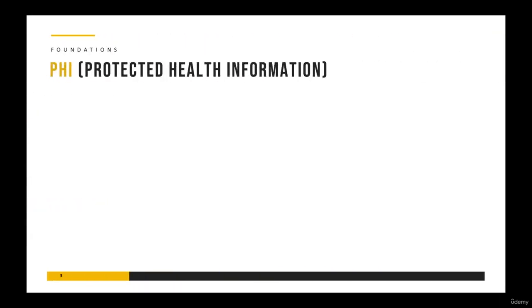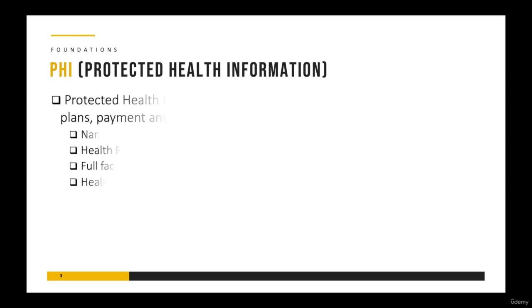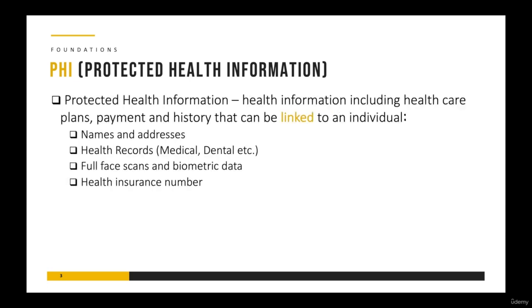The next important term that we need to understand is PHI, which is Protected Health Information. This refers to health information including healthcare plans, payment, and history that can be linked to an individual. This includes things like names and addresses, health records such as medical or dental, full face scans and biometric data, and health insurance numbers.